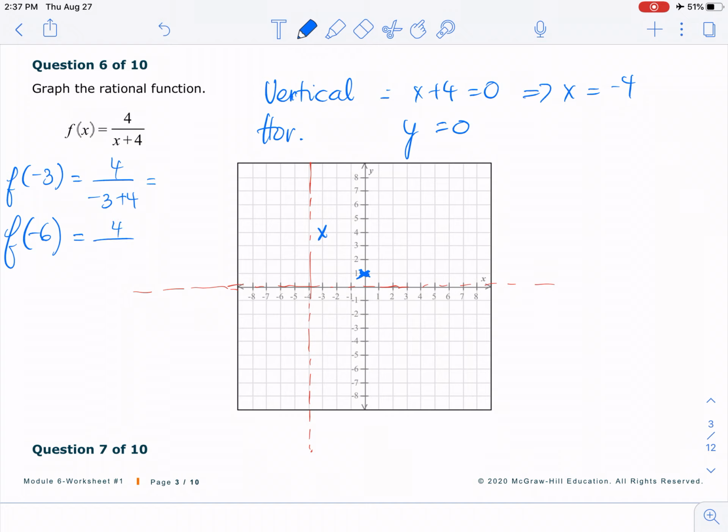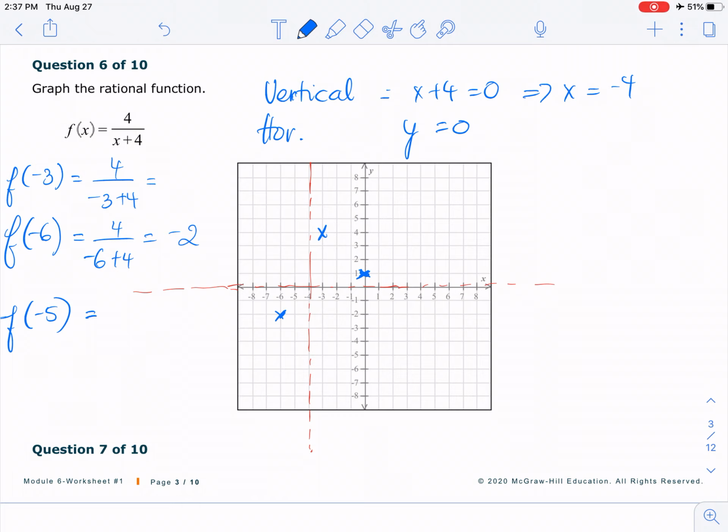Usually I tend to pick something that would give me a whole number. That's the whole point of picking these points. So I have negative 2 for negative 6. Negative 6, negative 2 is right here. We can pick negative 5.